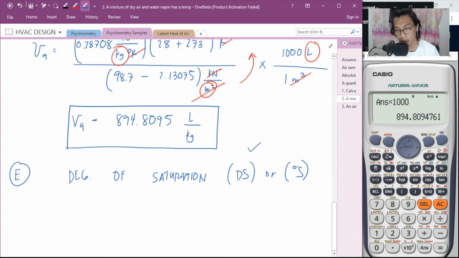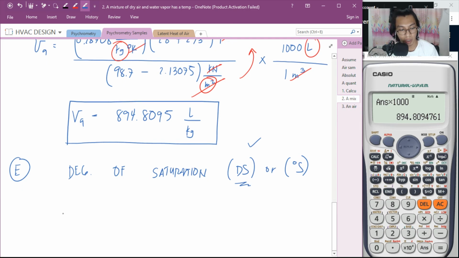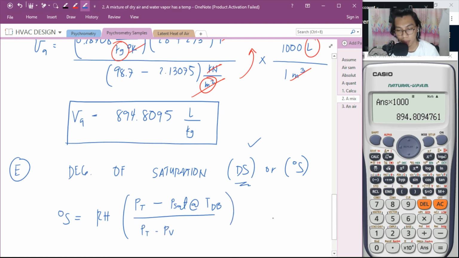Commonly, ito yung nakalagay sa mga books eh. Pero ito ang nakasanayan ko. Okay. Ano po bang formula niyan? Degree of saturation is equal to RH multiplied to yung PT minus Psat at the dry bulb temperature divided by PA or PT minus PV. Ganito na lang. Ito lang tandaan nyo yung pinakamahaba.